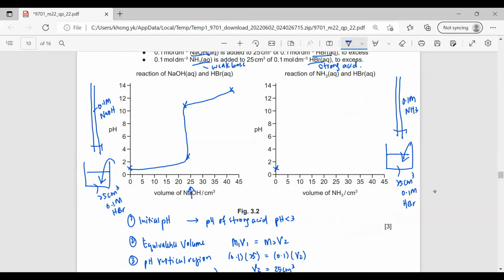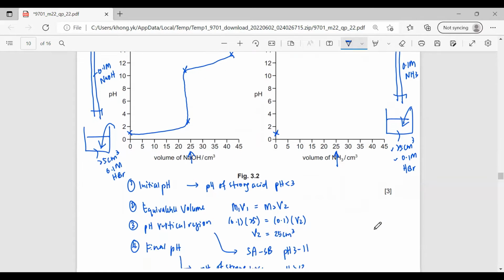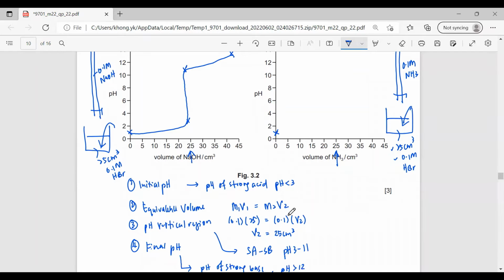And the equivalence volume. We see that 25 cm³ of 0.1 M HBr is titrated with 0.1 M ammonia. It means that the equivalence volume will be 25 cm³. We use the same way, M1V1 equals M2V2, to solve it. So with this, we get the volume of ammonia is 25 cm³. Then the third one is the pH of the vertical region.